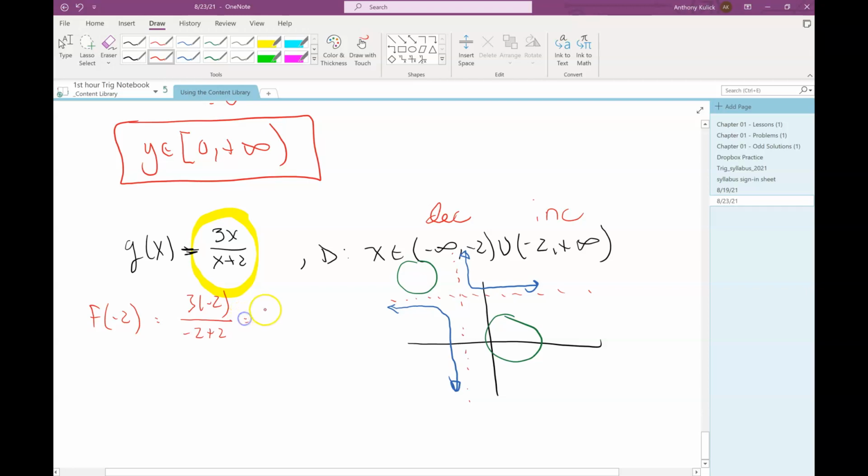Which gives me negative 6 over 0. And what does that mean? That means we're in trouble, right?